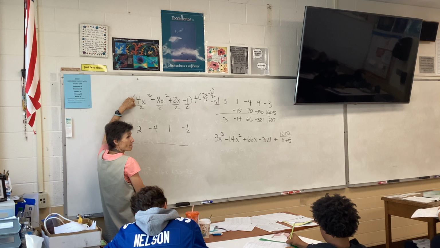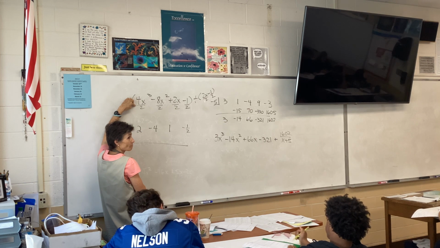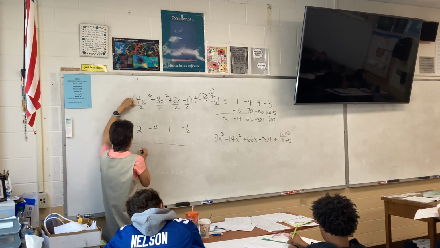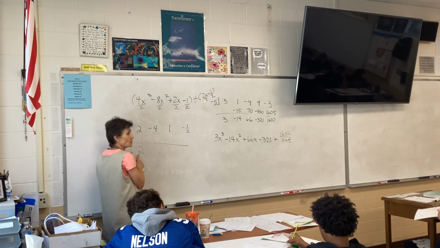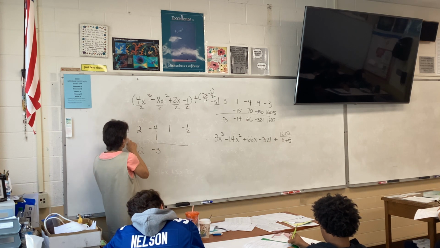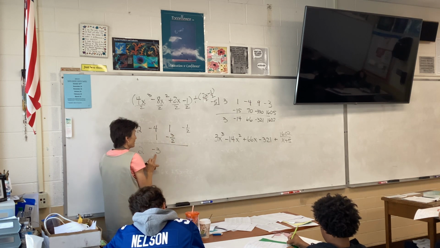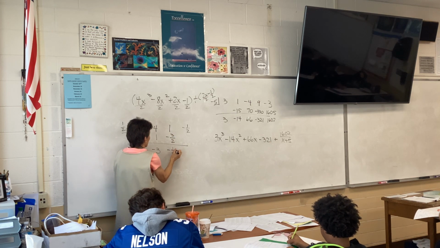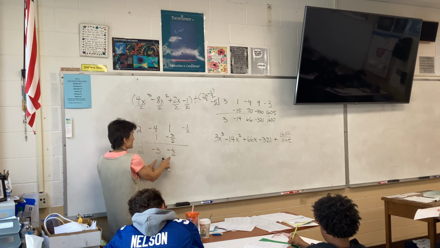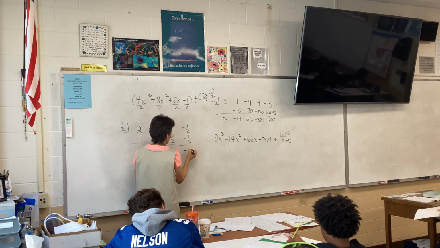If you divide that by 2, wait, so now 1/2 times 2 is 1. 1/2 times negative 3 is negative 3/2. 1/2 times negative 1/2 is negative 1/4, so negative 3/4.